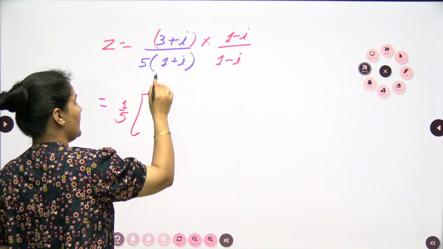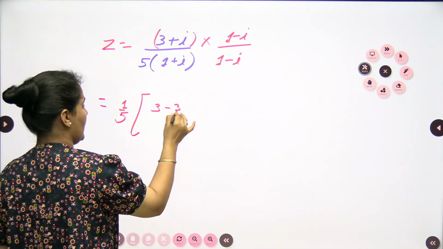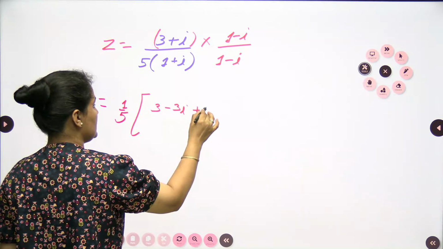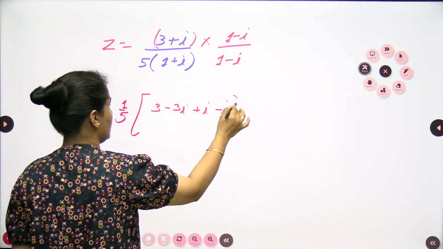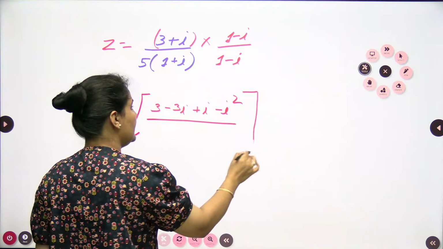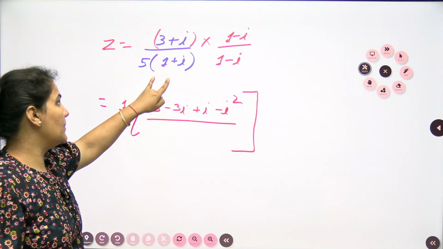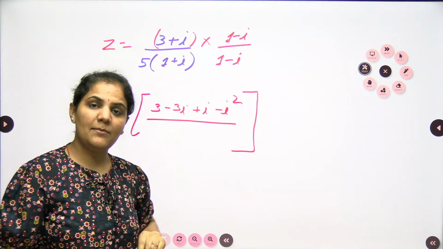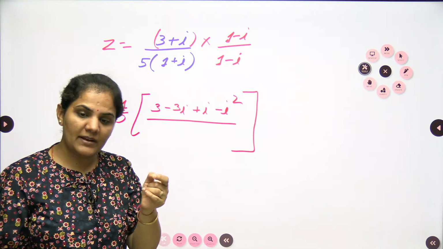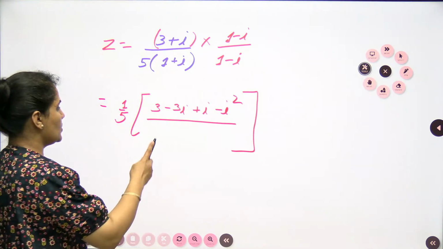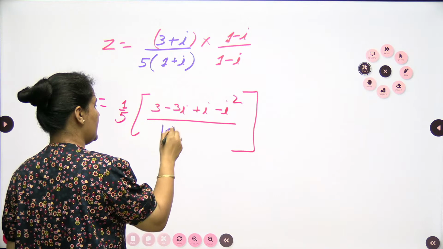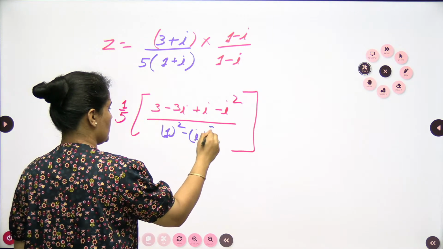When I multiply, 3 into 1 gives 3, minus 3i plus i minus i squared, divided by, in the denominator, we are having (a + b) multiplied with (a - b), which is a squared minus b squared, right? So I can write here 1 squared minus i squared.